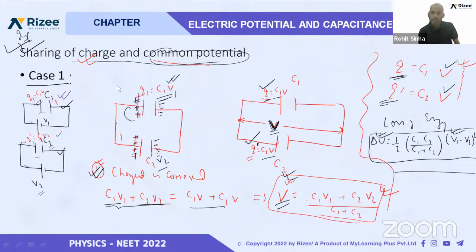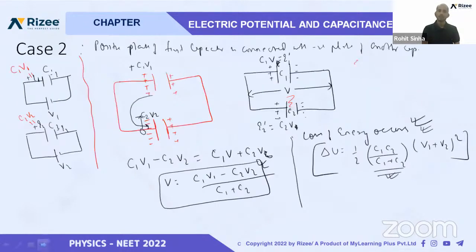You find the initial energy: half C1 V1 square, half C2 V2 square, and the energy of the final arrangement. Then subtract the energies. This will give you this formula of loss. But I'm not getting into derivation because it is not required for your exam.